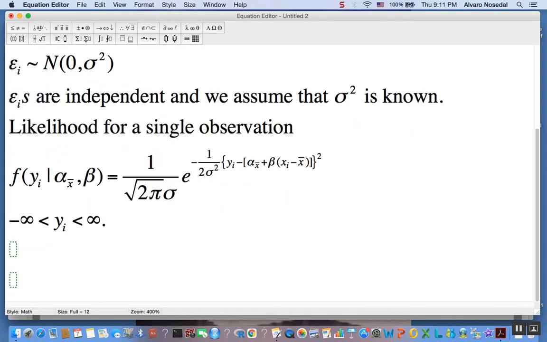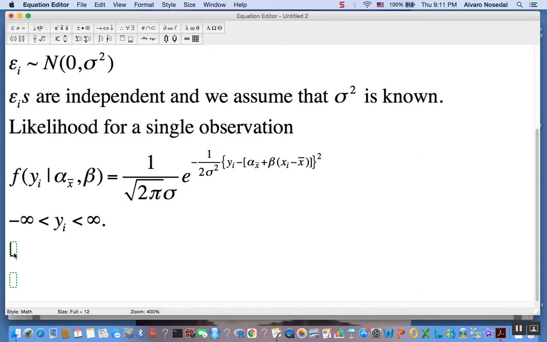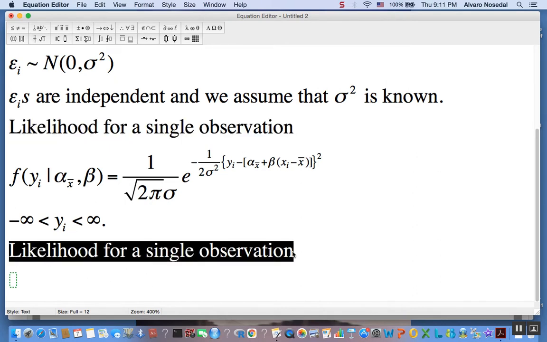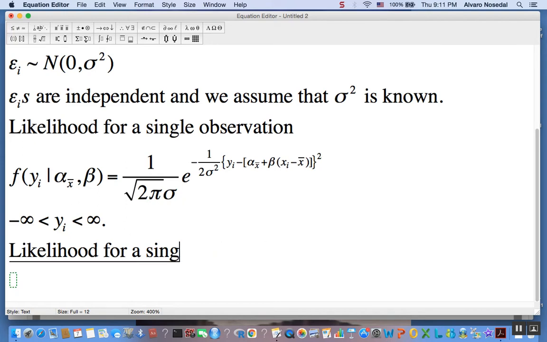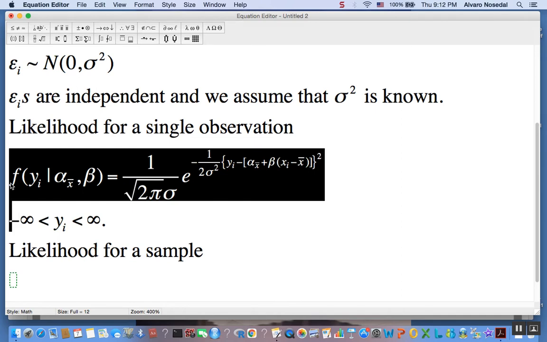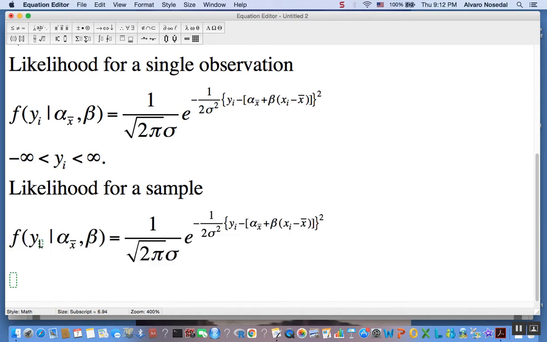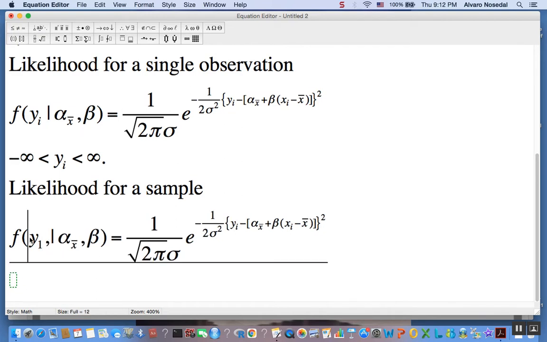Now let's find the likelihood for a sample. So now, instead of having one single observation, one y, we observed several: y1, y2, up to yn.